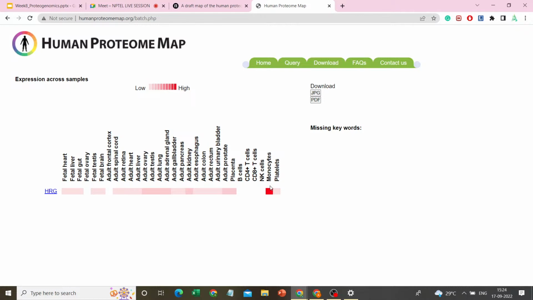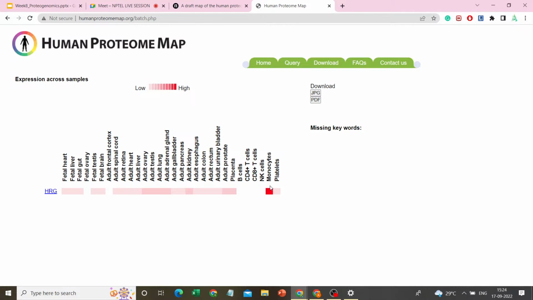Now in that video you might have seen that HRG is like an age related protein or age related gene, which is coming up as a marker, also associated with death and other outcomes. So HRG's normal level expression should not be there.